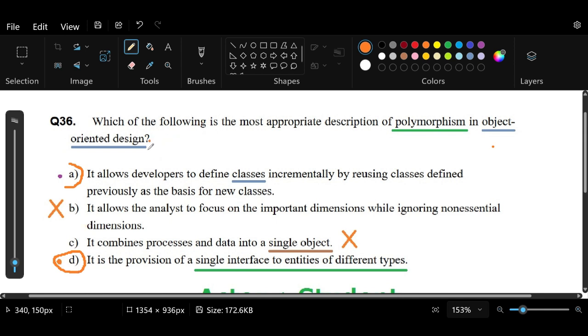Alright, and we need to know why it's D and not A. But first, maybe we can go to the other ones, which I thought were clearly not the right answers. Letter B, for example, saying that it allows the analyst to focus on the important dimensions while ignoring non-essential dimensions.